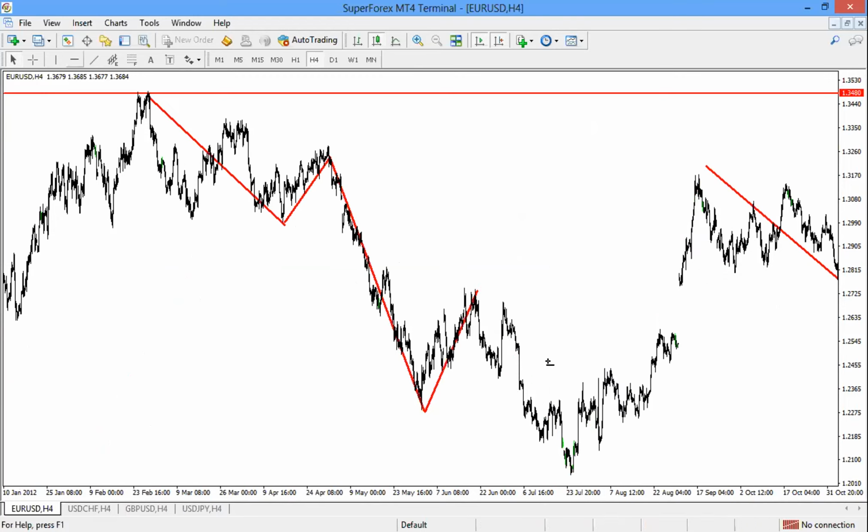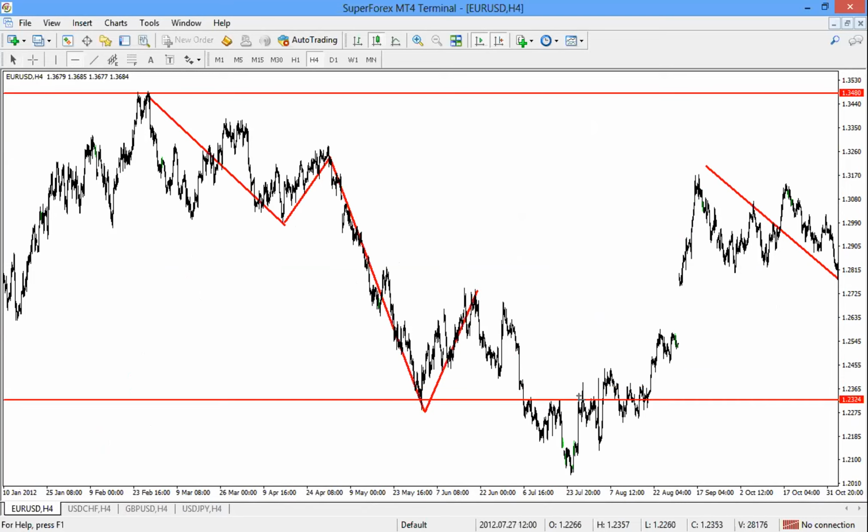I'm seeing a head and shoulders pattern right here. You can see it. This is shoulder, head, shoulder, and it's a buy. Do you see how amazing it is?